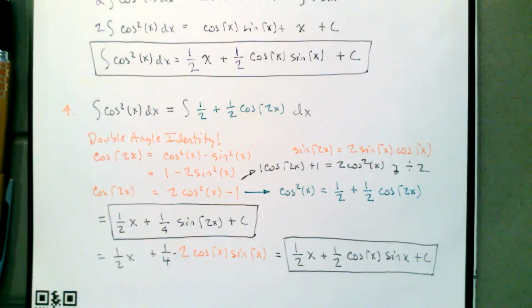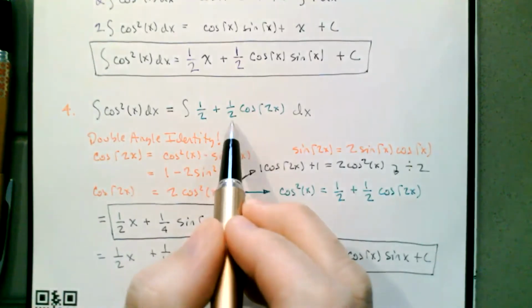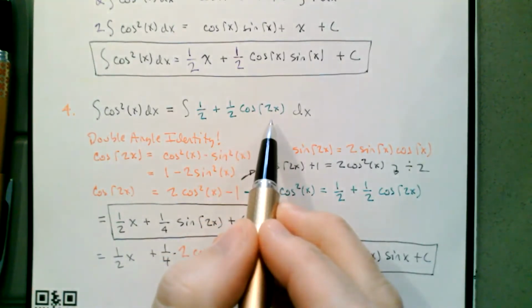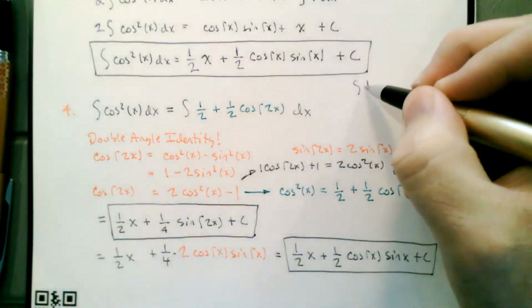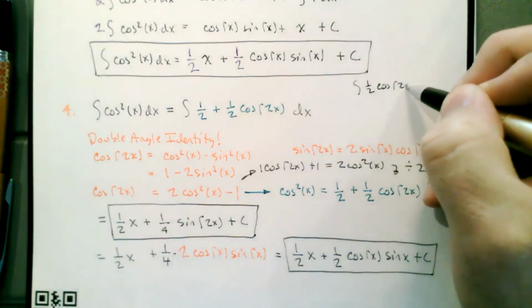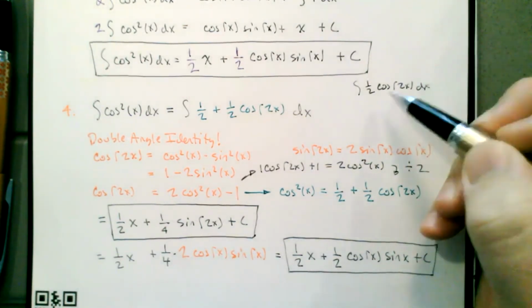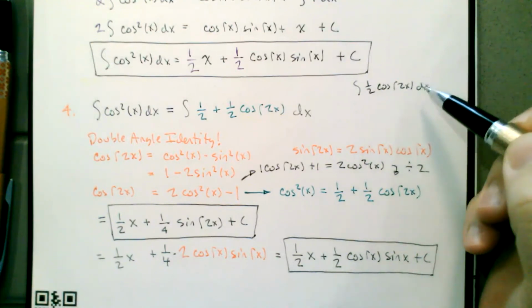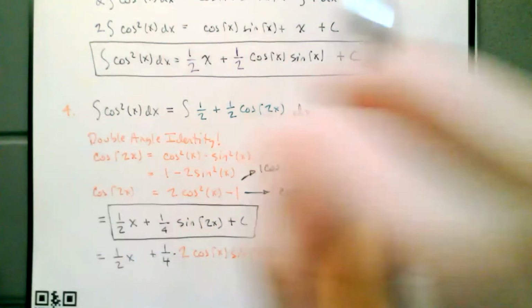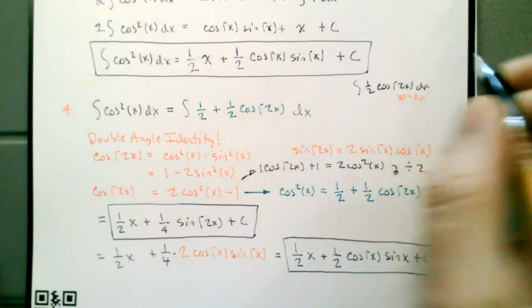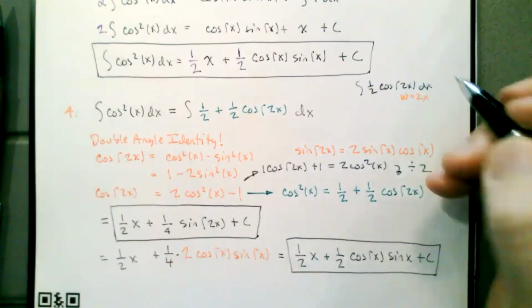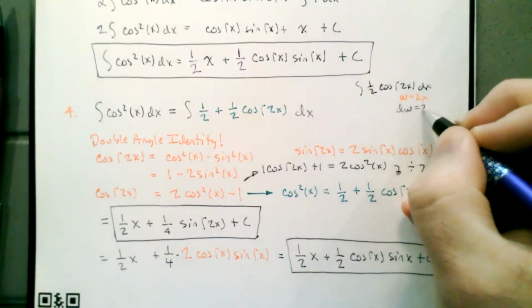Also, like I know you just talked about this, but how did you get the 1/4 in the first place? So that's from integrating a 1/2 cosine of 2x. So if we want to integrate 1/2 cosine of 2x dx, we can think of the 1/2 as just a constant multiple, but if we do the substitution on 2x, if w is 2x, then dw is 2 dx.